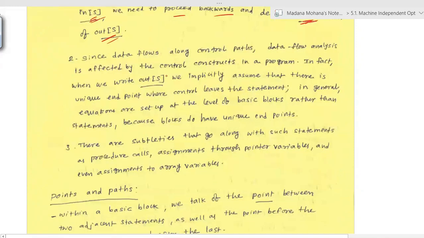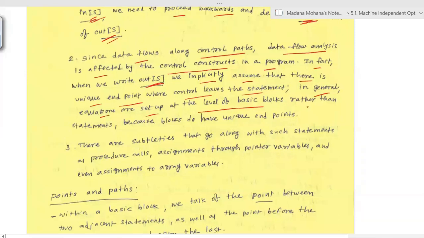Then the second factor: since data flows along control paths, data flow analysis is affected by the control constructs in a program. In fact, when we write out of S, we implicitly assume that there is a unique endpoint where control leaves the statement. In general, equations are set up at the level of basic blocks rather than statements.